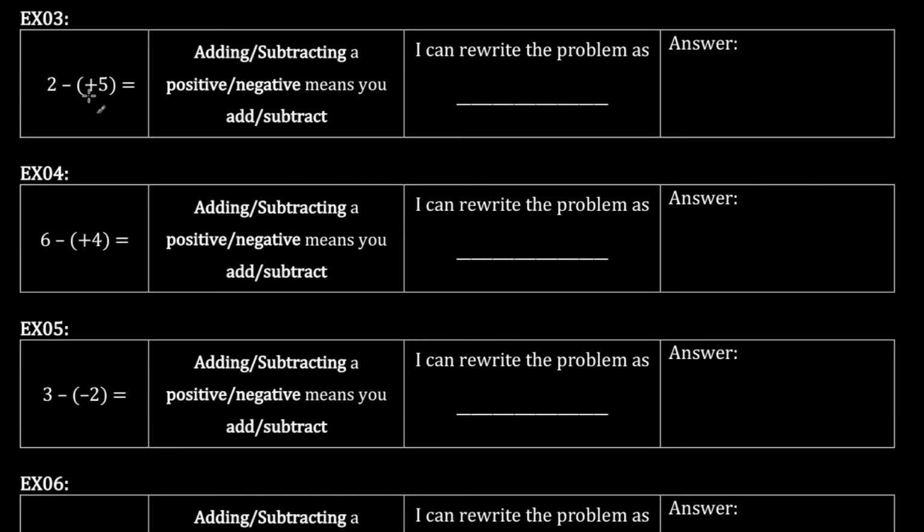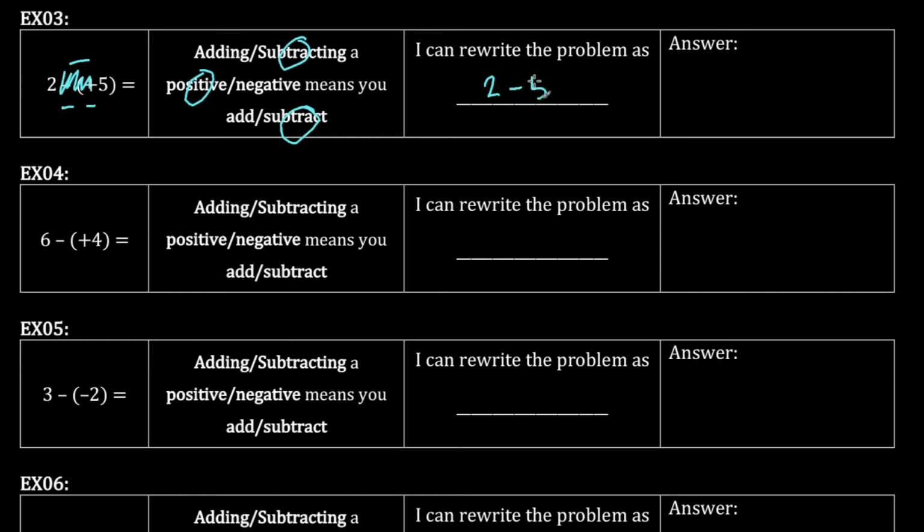Example 3: 2 minus positive 5. So we are subtracting a positive. Now this is different. Think about positive as having something, so if you're taking away a positive, you're subtracting. So instead of 2 minus positive 5, you can write 2 minus 5.